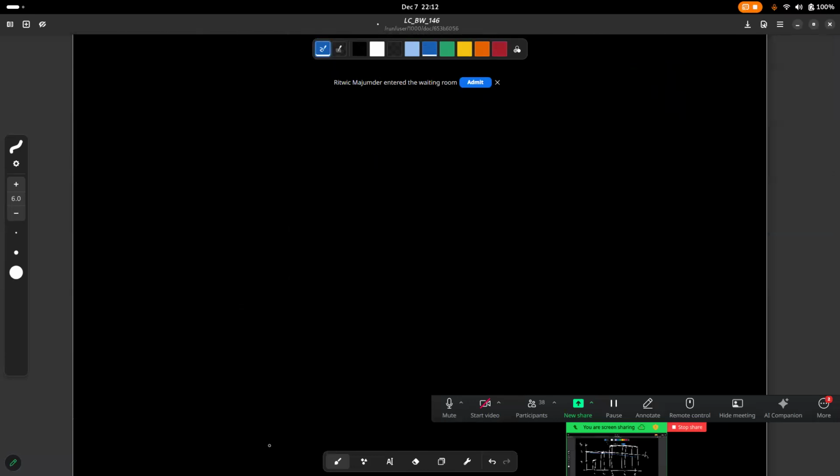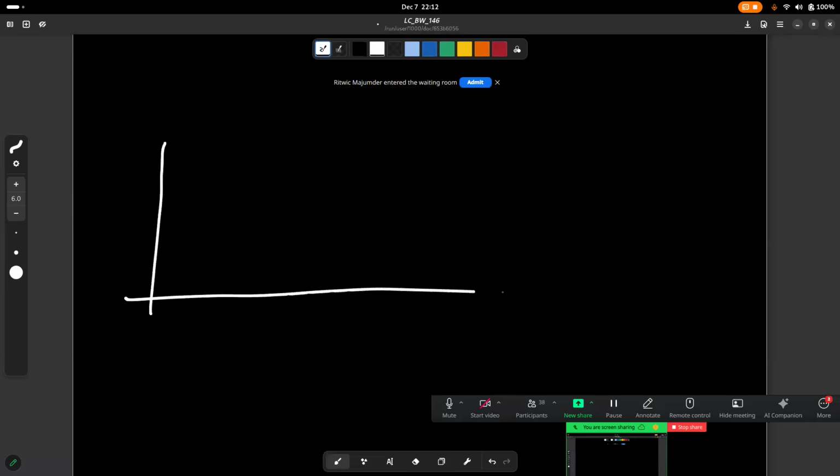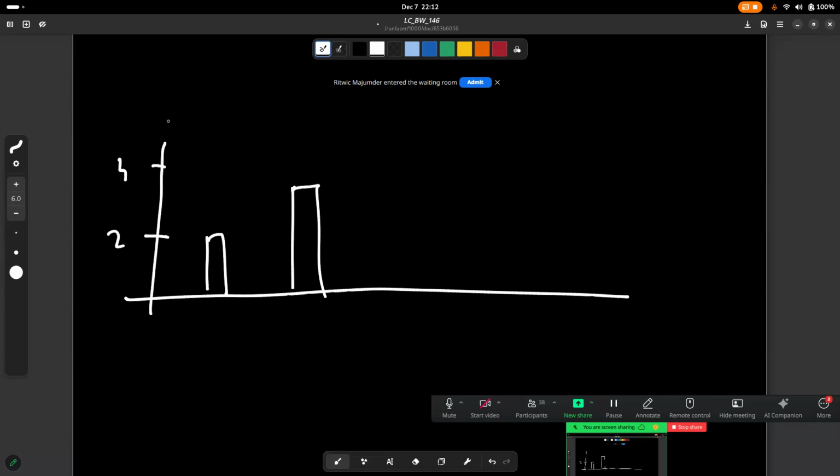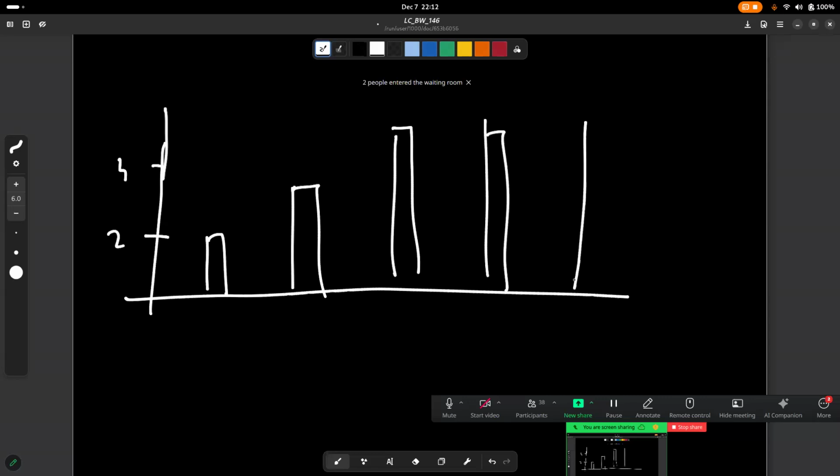Just draw a different graph beneath. So this is our array. The first element is 2, the second element is 4, and the last 3 elements are 5.